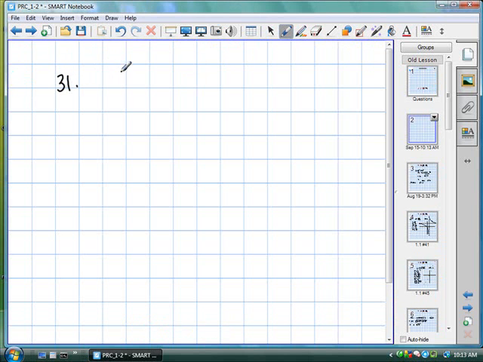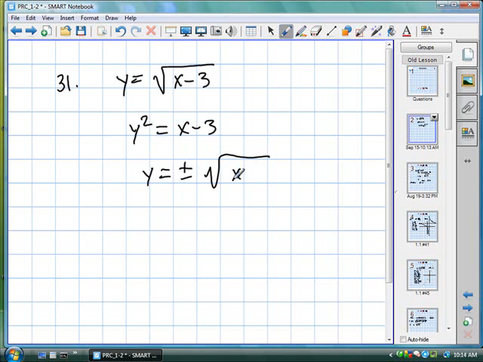Number 31, if we square both sides, then if you take it, it's kind of like half of this. And then it would have symmetry, but like it is right now, it really doesn't have symmetry. So that's why I'm a little puzzled.